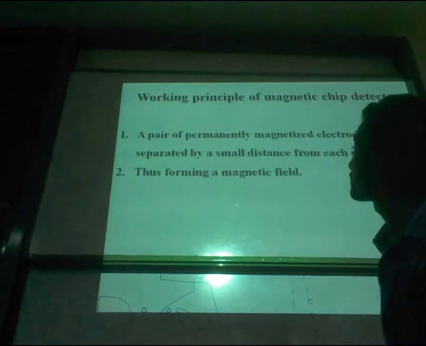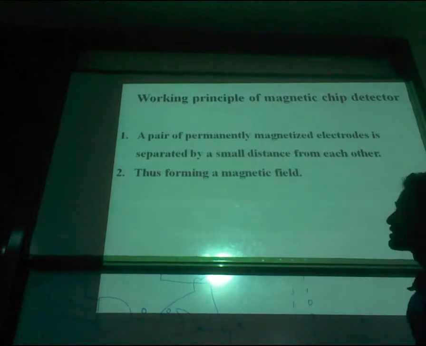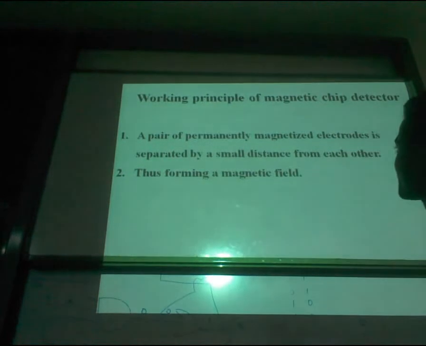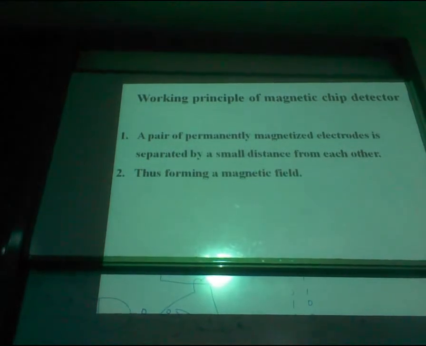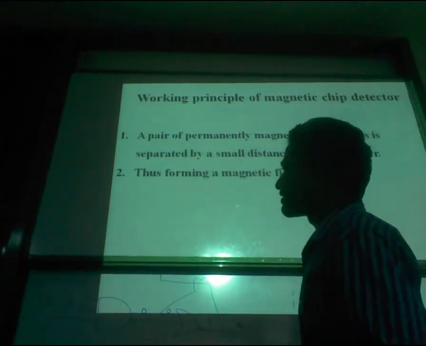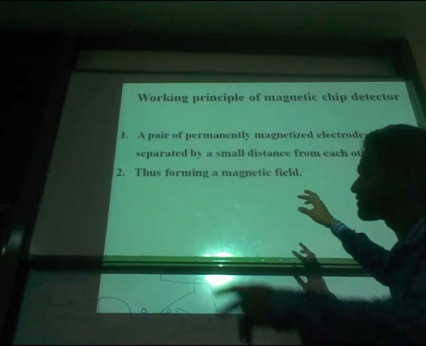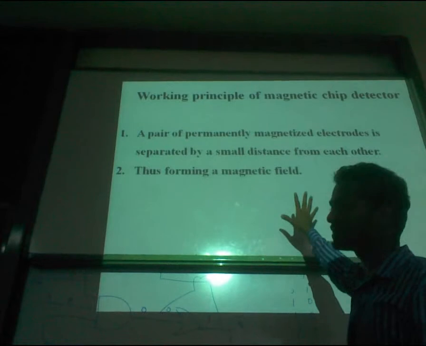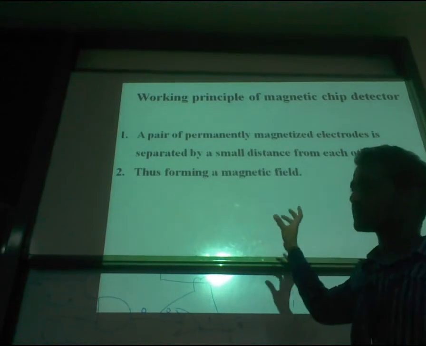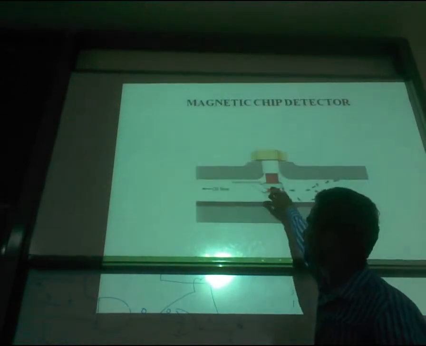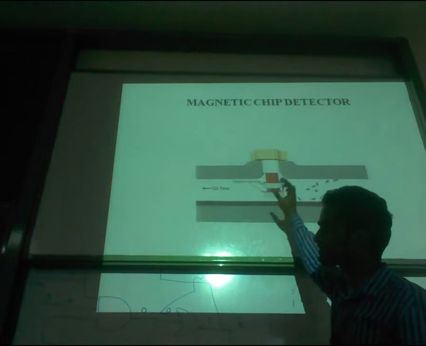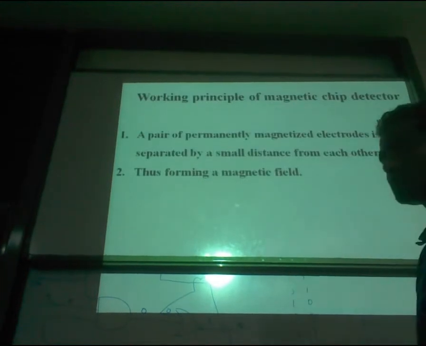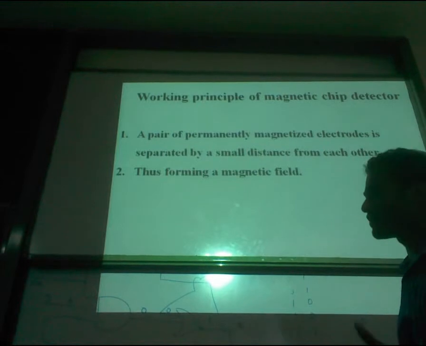Now we will see the working principle of the magnetic chip detector. As we know, it contains a pair of permanently magnetized electrodes separated by a small distance from each other. In the previous slide, we can see a pair of magnetic elements separated by some distance, used to detect oil debris, which is ferrous material.